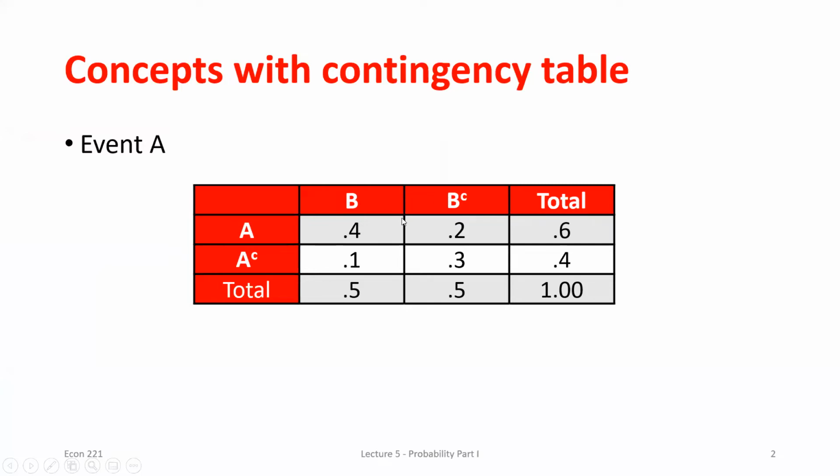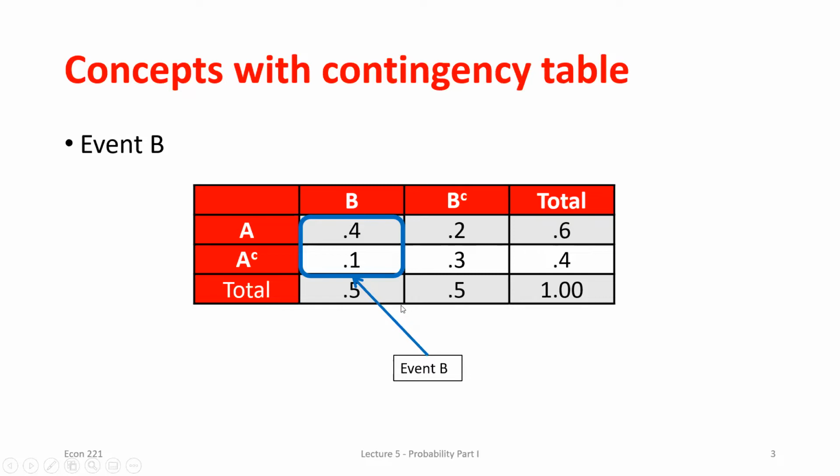The way that we read this contingency table is if we want to find the probability of A, we go over that total, and that 0.6 is the probability of A. We also briefly touched on why to reproduce that total, we can either add across the rows, if we're looking for the probability of A or the probability of A complement, or we can add down the columns if we want to find the probability of B, which is 0.5, and the probability of B complement, which is 0.5. We could just add down these columns to reproduce those answers.